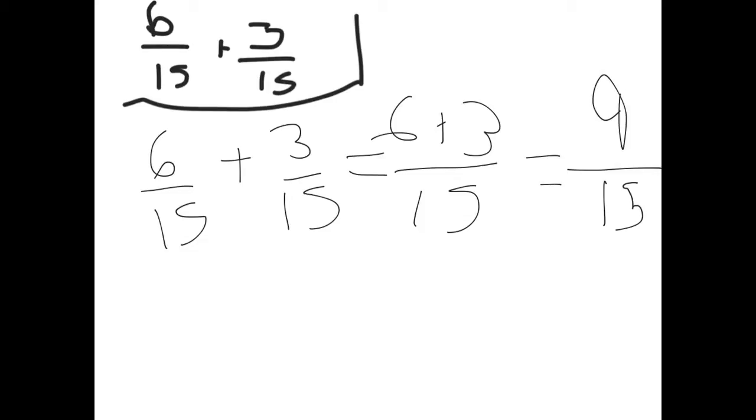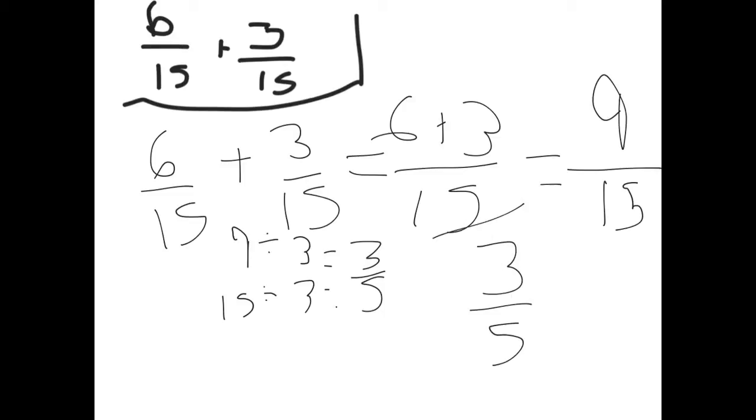Now we must simplify. 9 divided by 3 equals 3. 15 divided by 3 equals 5. Our fraction is 3 over 5.